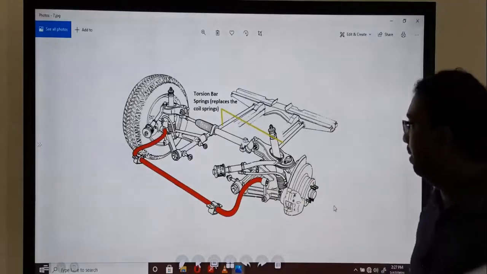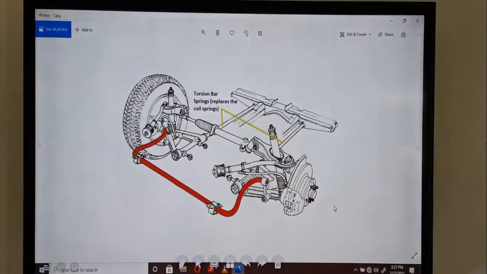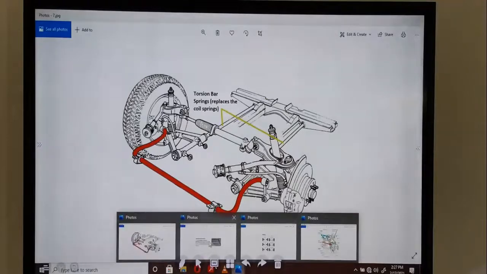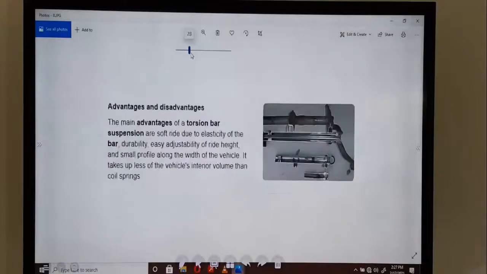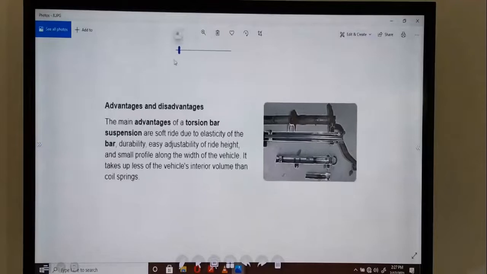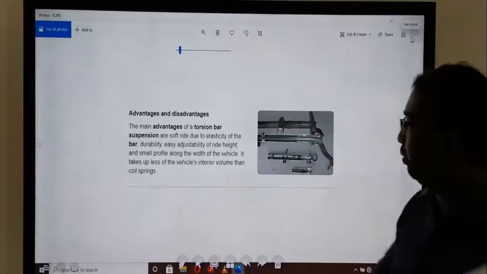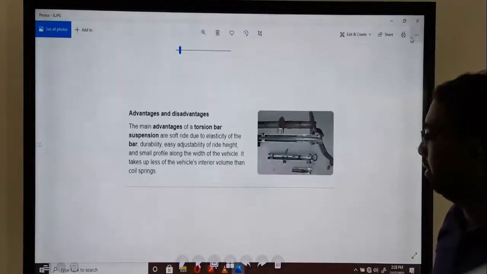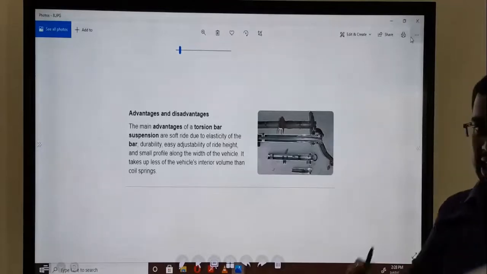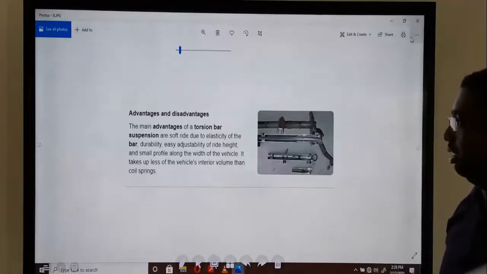It is also the same purpose; the torsion bar also gives balance. The main advantage of torsion bar suspensions is a soft ride due to the elasticity of the bar. The bar has elasticity, not stiffness.